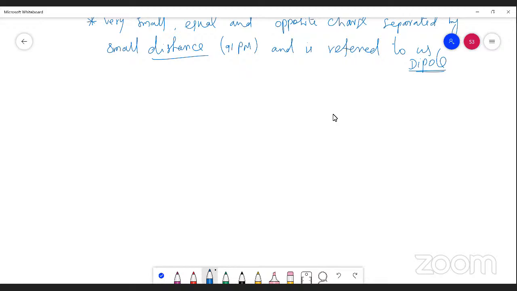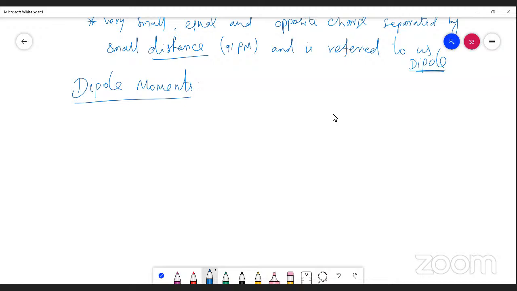The next topic is dipole moment. What is the meaning of dipole moment? The product of charge and the distance by which the charges are separated is known as the dipole moment. The dipole moment is used to find out the percentage of ionic character in polar bonds.